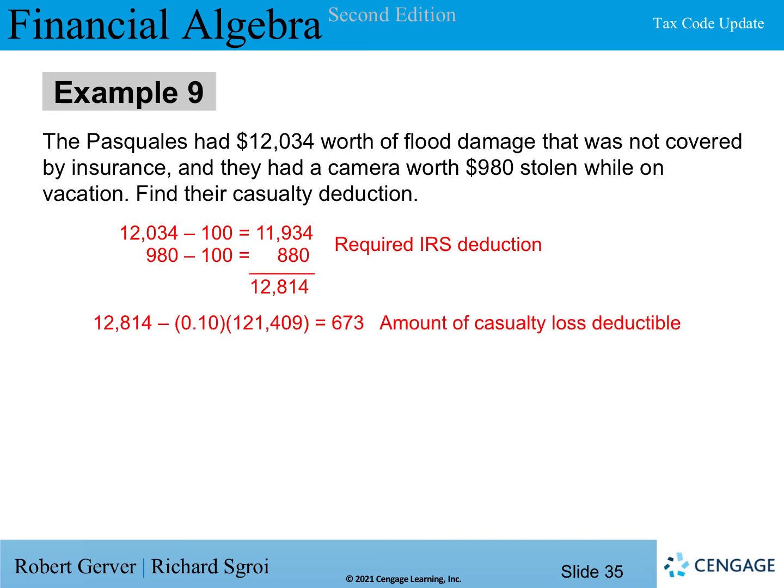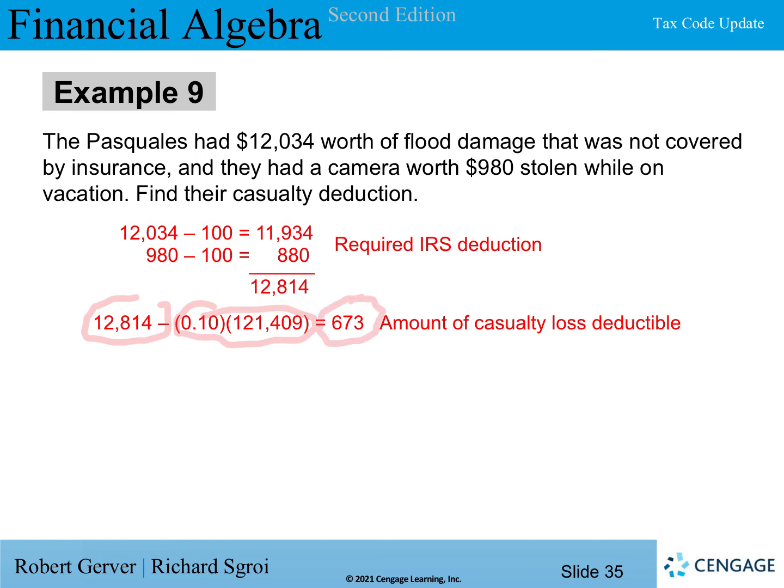Now again, we have to take and see how much this is in excess of 10% of their gross income. So we take 10% of their gross income, all right, and we subtract that from this $12,814, and the amount of their casualty losses that is deductible is $673.